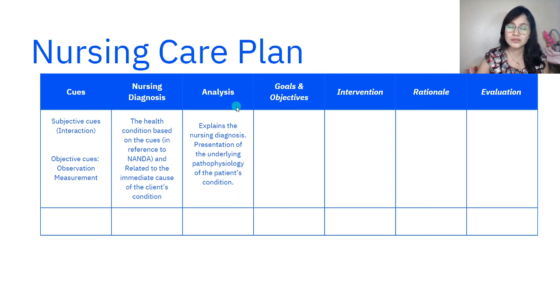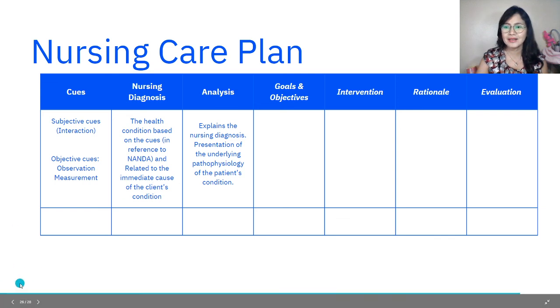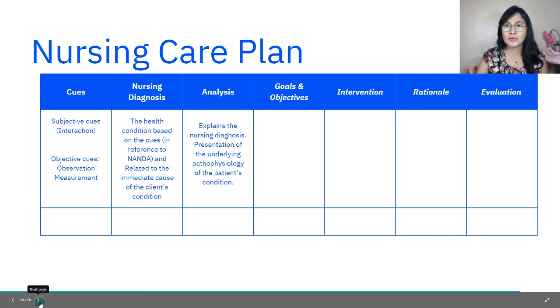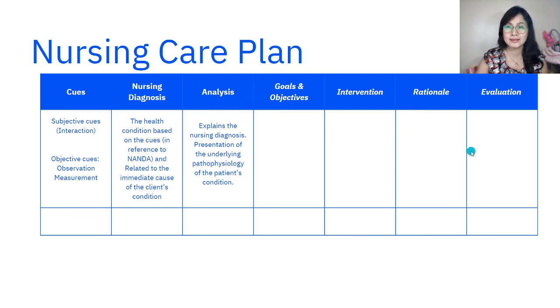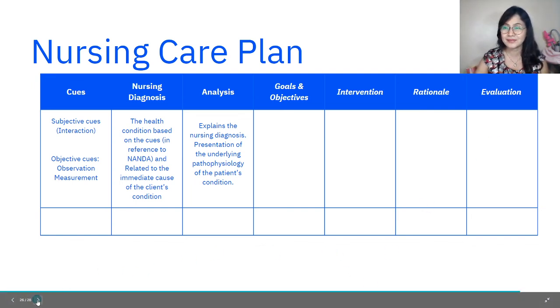What's going to be reflected here are details about the causative or etiological factor in relation to your nursing diagnosis. We will talk about the remaining columns as we discuss several components or phases of the nursing process.